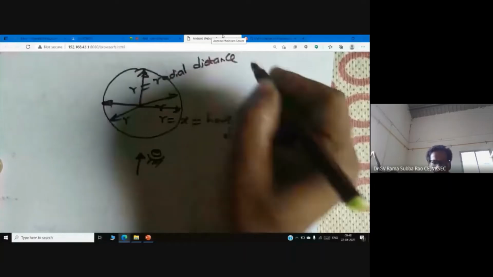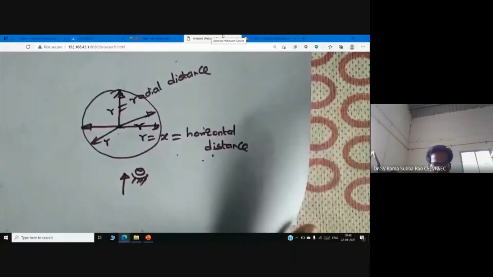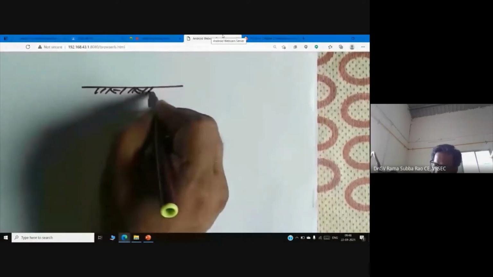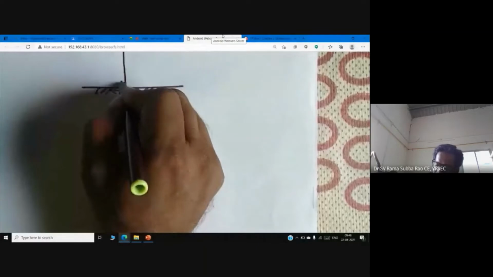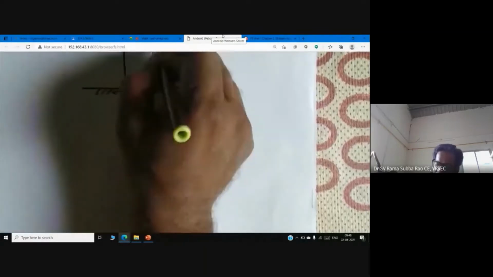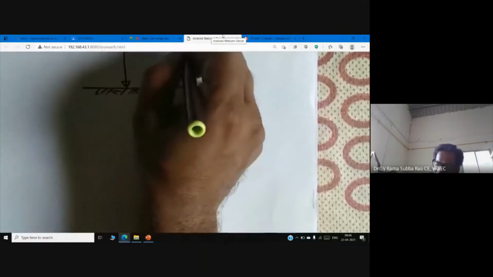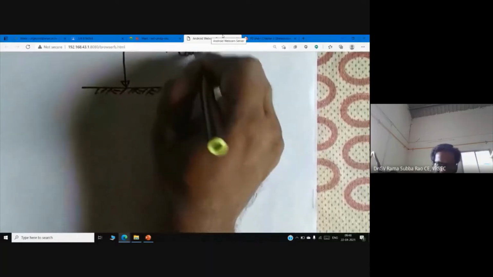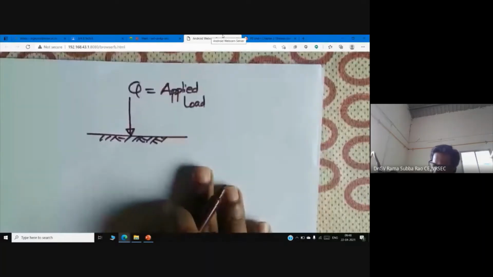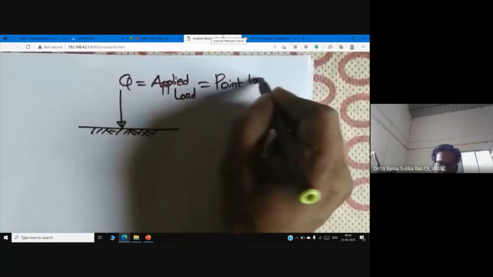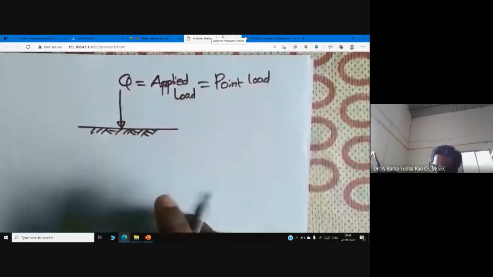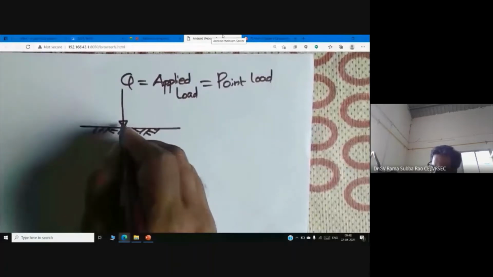Now I will tell you once again, I want to determine the stress due to an applied load. The topic is applied loads. This applied load is a point load, also called a concentrated load. This is the load acting on the ground surface.